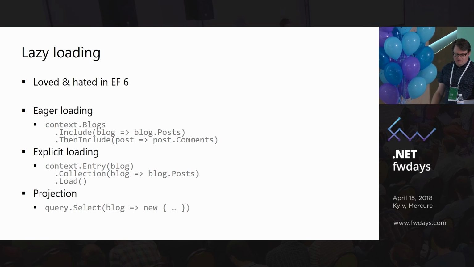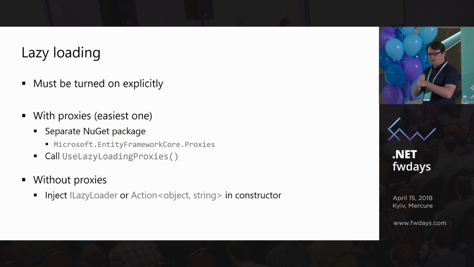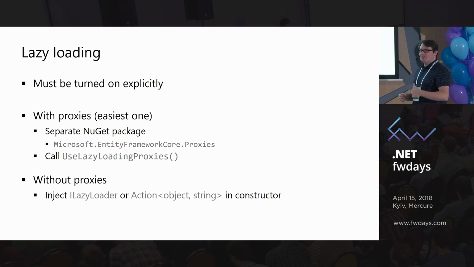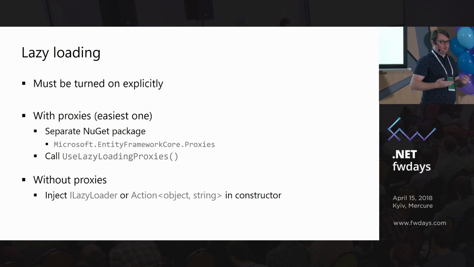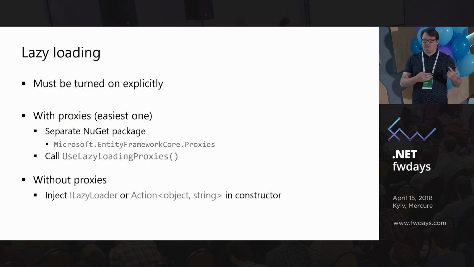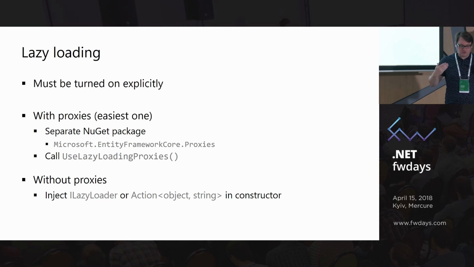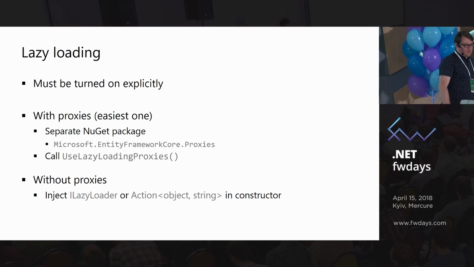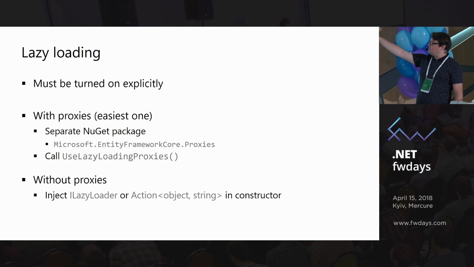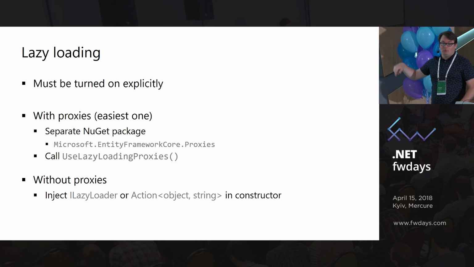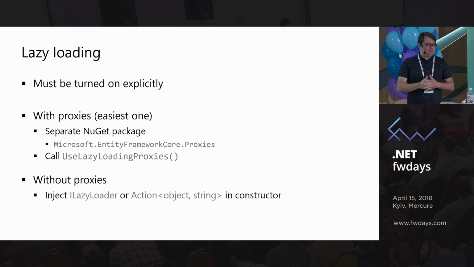And now in EF Core 2.1, there is the lazy loading feature. You need to turn this on explicitly. You also need to install a package if you want to use lazy loading proxies as were used in EF6. By default, it's not turned on. The easiest way is to install Microsoft.EntityFrameworkCore.Proxies, which is a separate package that implements everything lazy loading really needs.